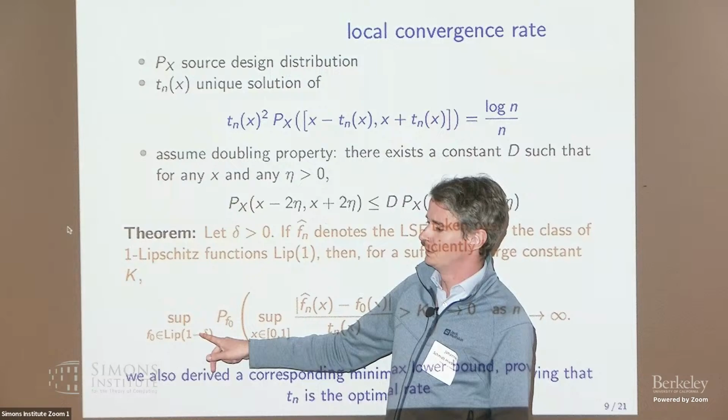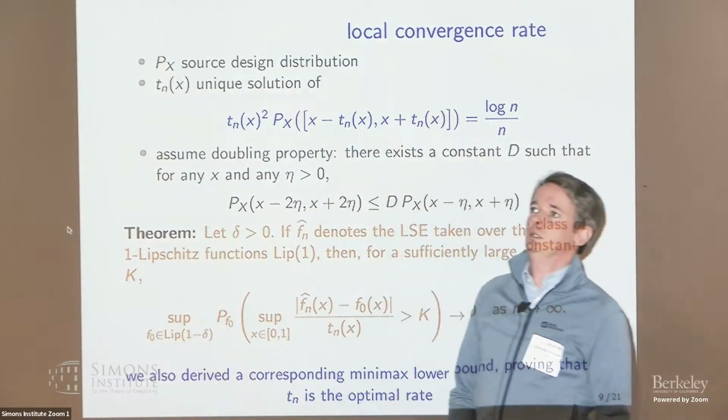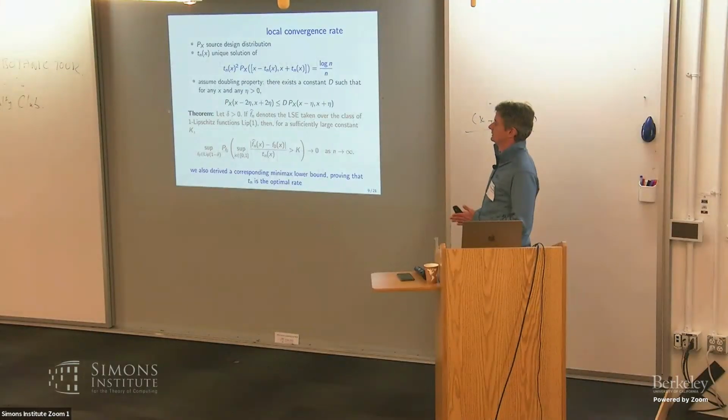Because it's a lower bound. What I'm saying is, if I have a function which is exactly on the boundary, then the rate should be faster on the boundary, right? I see. So if you just know it's everywhere exactly Lipschitz, like a piecewise linear function, and the linear pieces all have slope 1.